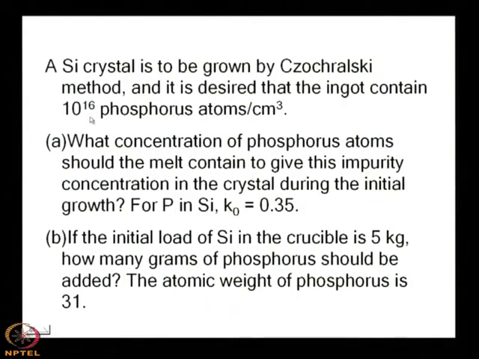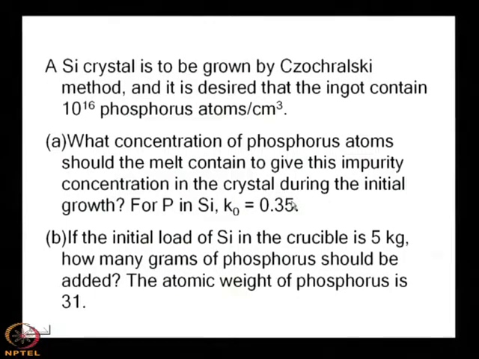It is given that 10 to the power 16 phosphorus atoms are in the solid state. Obviously, the ingot content means the solid. Ingot means the raw crystal, the as-grown crystal. You have not sliced it into wafers. So, that crystal is known as ingot, that is basically the raw crystal. It is 10 to the power 16. So, what concentration of phosphorus atoms should the melt contain to give this impurity concentration in the crystal?